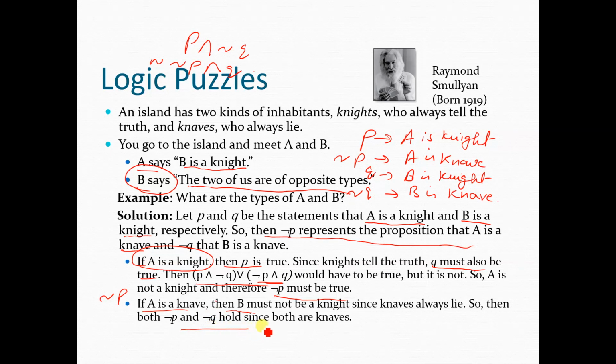So this means both are knaves. So from this we can conclude that A and B both are knaves. So this is the conclusion. So that's all for today.